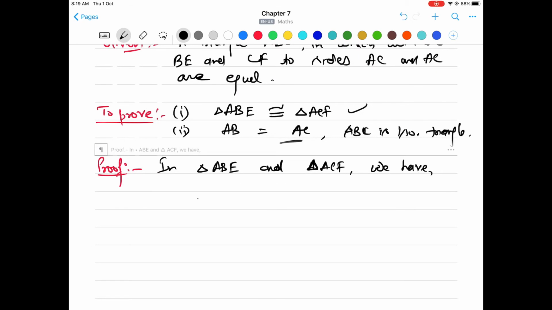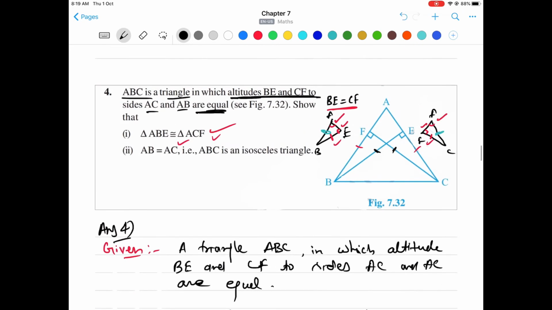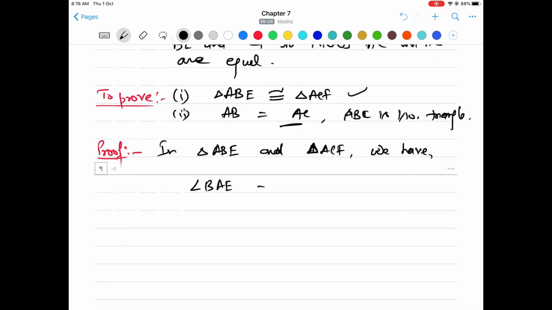So write angle BAE is equal to angle CAF, as angle A is common.